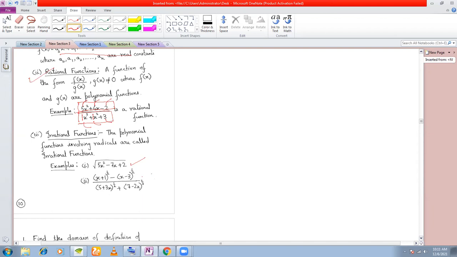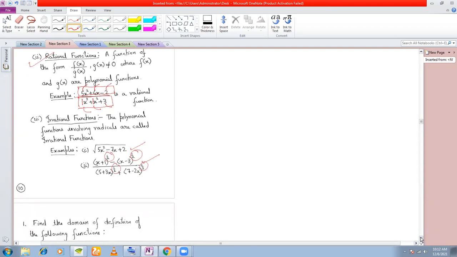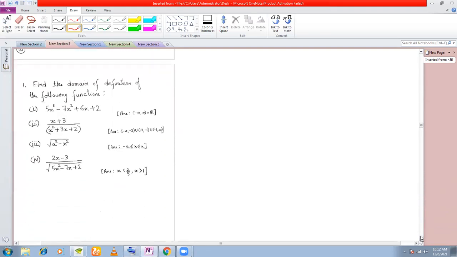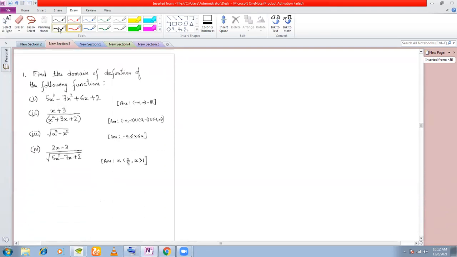And this is an irrational polynomial also because the power is fractional. All these powers are fractional, right? So therefore, this is also an irrational polynomial. Next, this is the main thing that we need to understand, and this is what is going to come mostly: find the domain of the following functions.